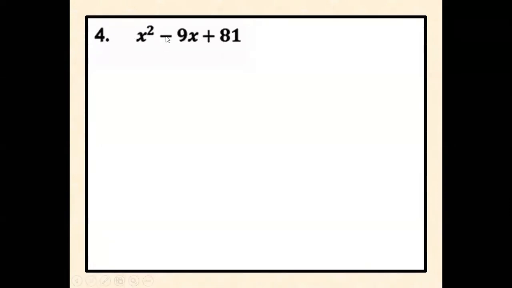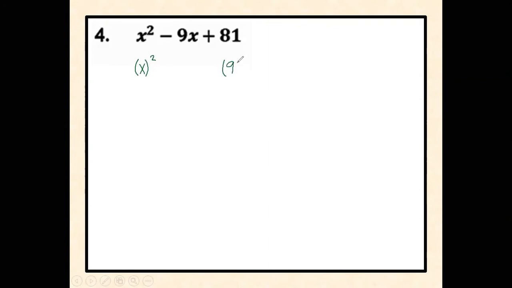Now let's have the next example. So we have x squared minus 9x plus 81. So we will rewrite this as x squared because this is a perfect square, and also 81 is a perfect square of 9 squared. However, again, our middle term is negative, therefore 9 here should be negative.